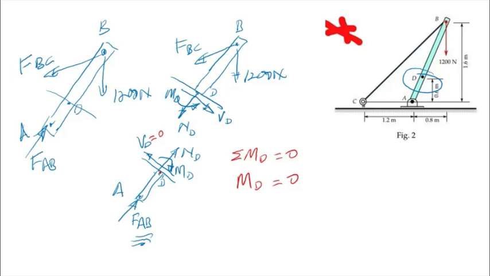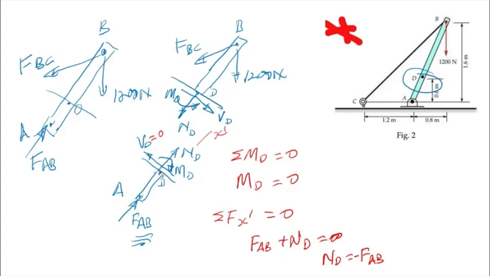You are left with one more, which is ND. So summation of forces in the x prime direction is equal to 0, saying that that is x prime. We then have FAB plus ND is equal to 0, or ND is equal to negative FAB.